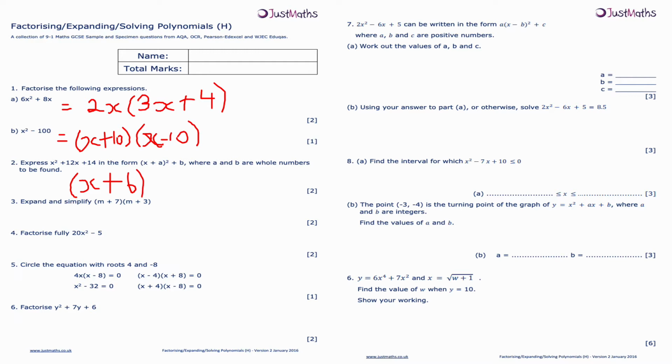This simplifies to x plus 6 all squared, and on the outside of my bracket is subtract 22, because minus 36 add 14 is minus 22.